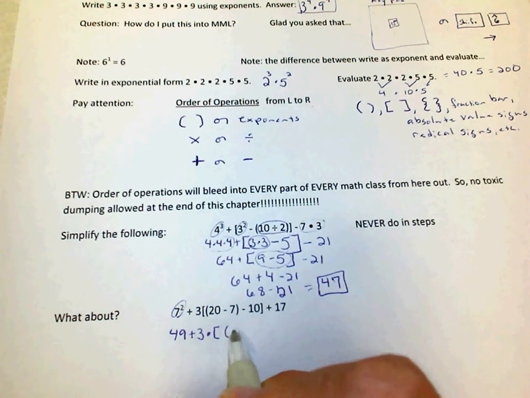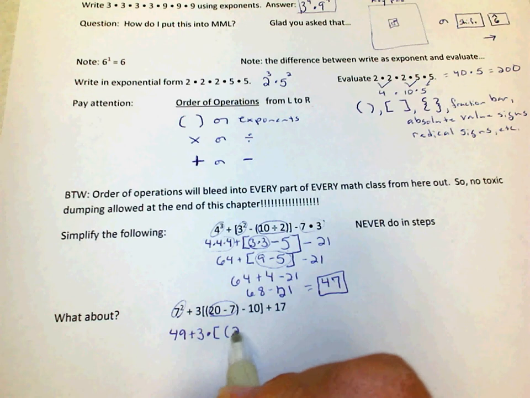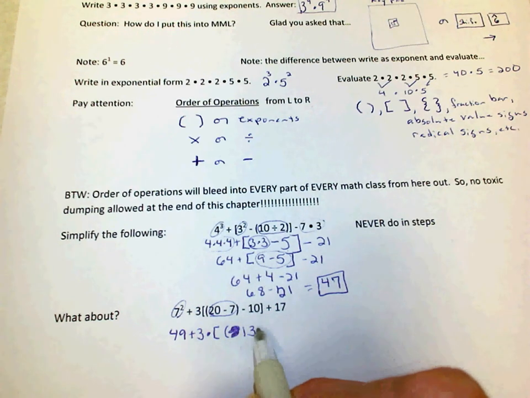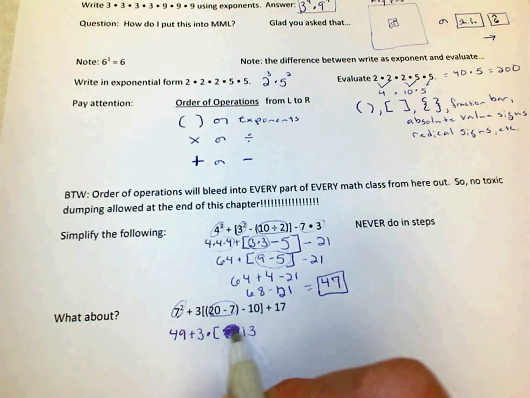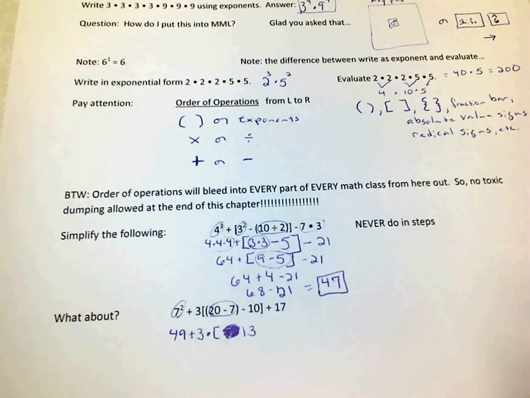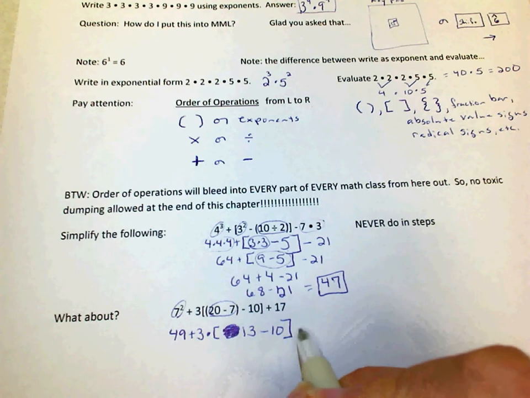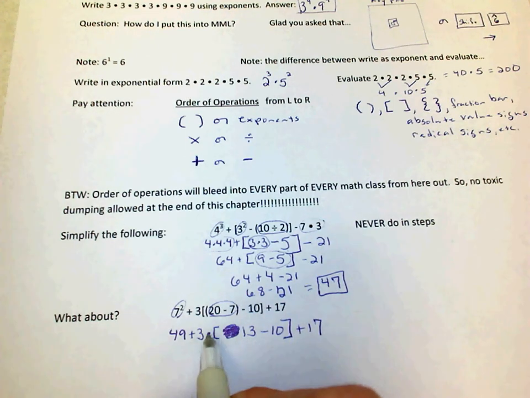And then 20 minus 7, I can do that because it's separated, and that gives me 13. And I can actually get rid of the parenthesis because everything in the parenthesis is circled. Then minus 10, close up the bracket, plus 17. Now, again, times is a bigger dog than plus, so I leave the 49 plus 3.